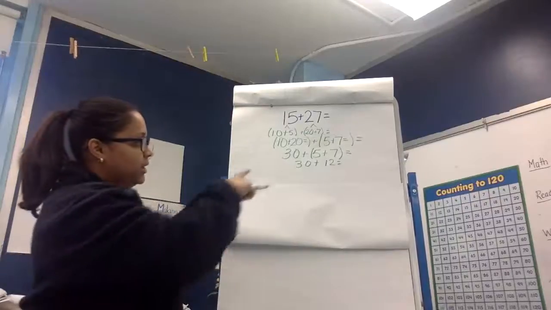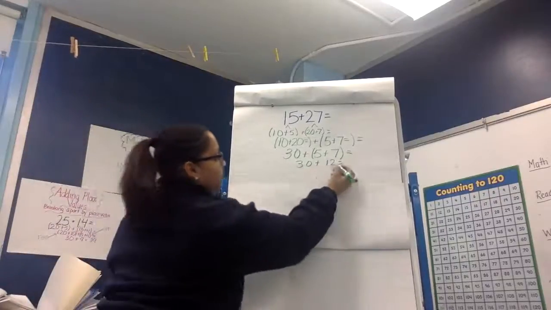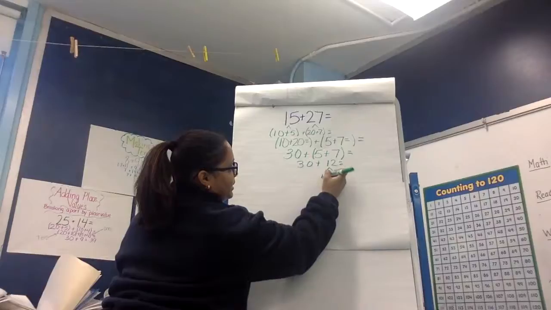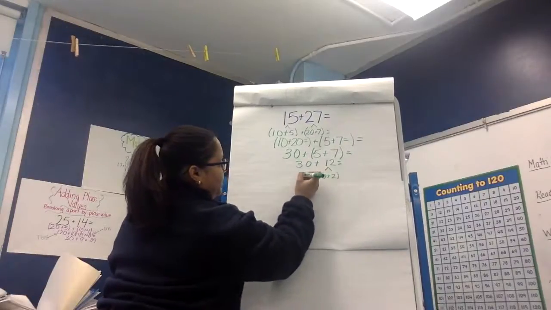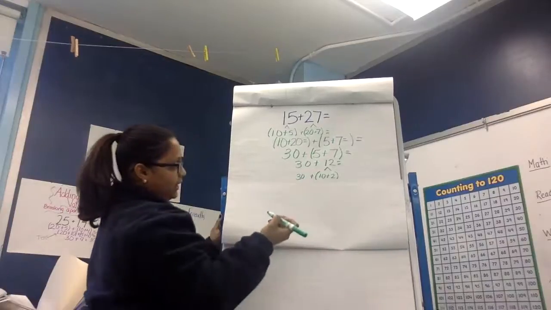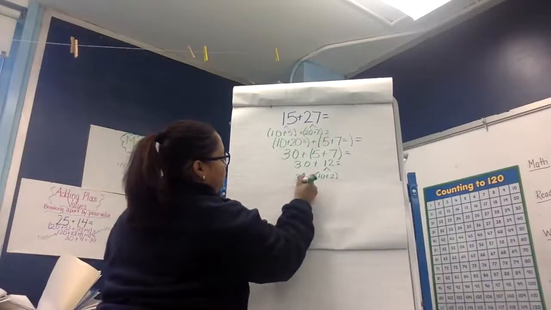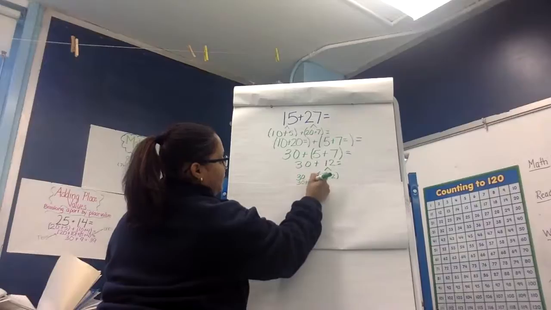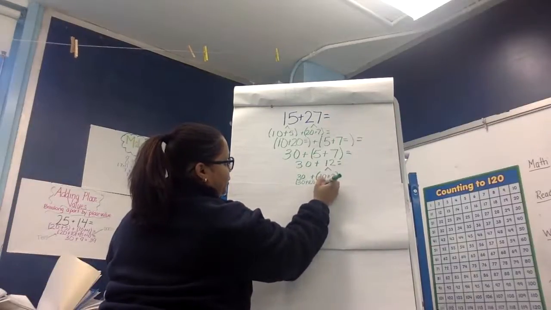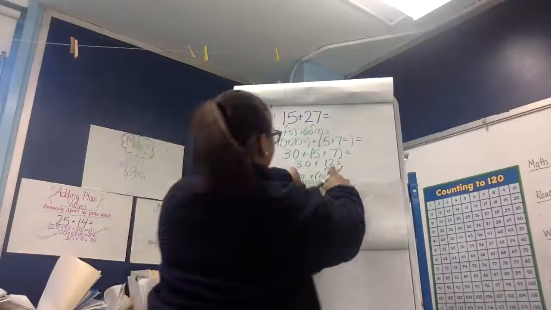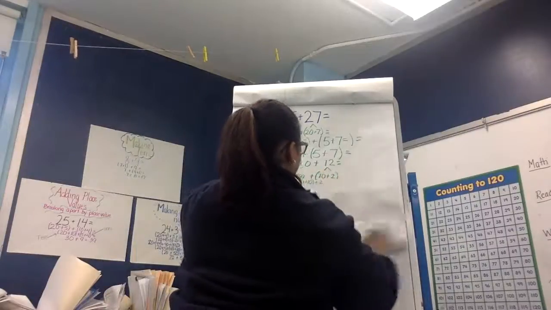So what I'm going to do is I'm going to break apart this 12 into 10 plus 2. Plus 30. And here, I'm going to do 30 plus 10 plus 2. Let me move this down just a little bit.